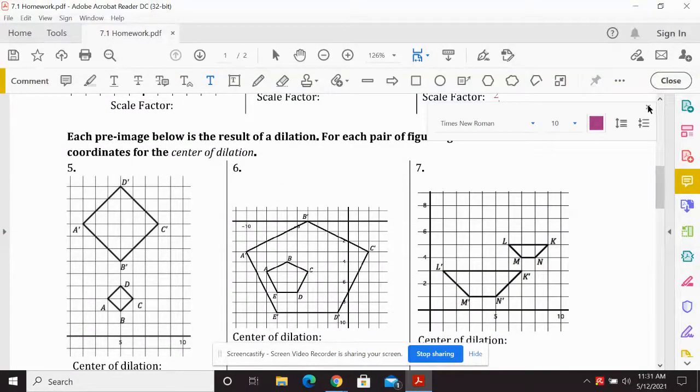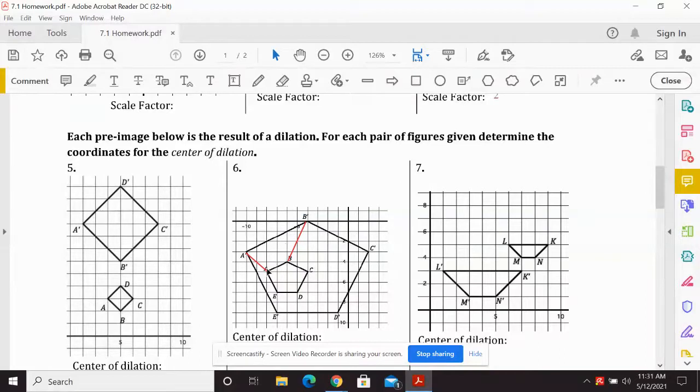Remember, your center of dilation is where the lines intersect if you connect the pre-image to the image using the corresponding points. So from A to A, and from B to B. Oh, that was bad. One second. There you go.